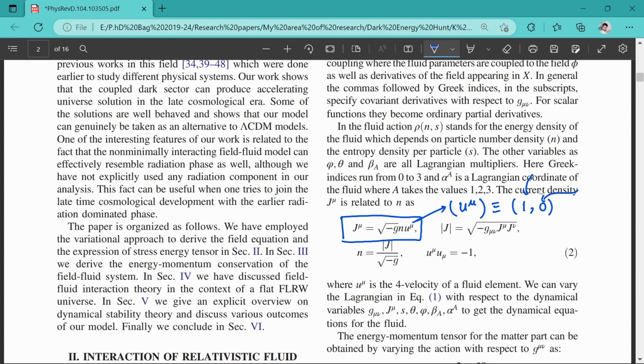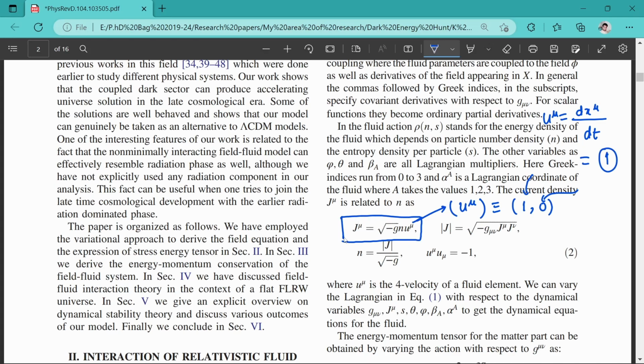It means that the fluid velocity is evolving with time. So u mu is usually defined as dx mu over dt, and when mu is 0, dt over dt becomes 1. Now we are considering that there is no space component, which means there is no inhomogeneity in the spatial component.